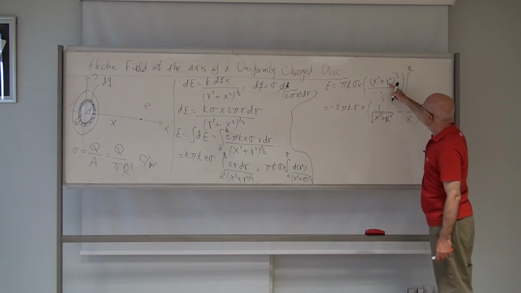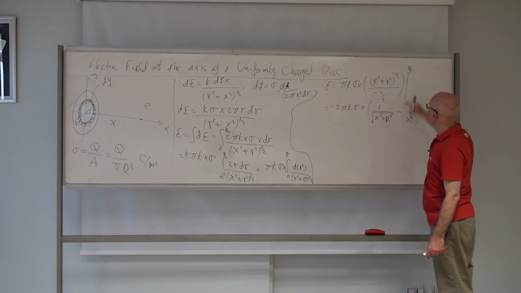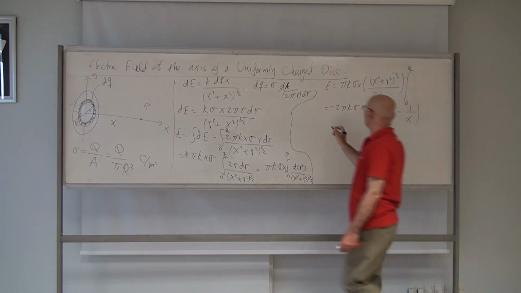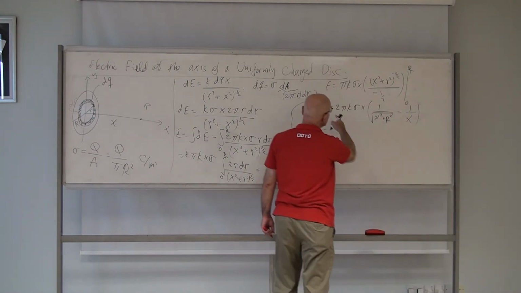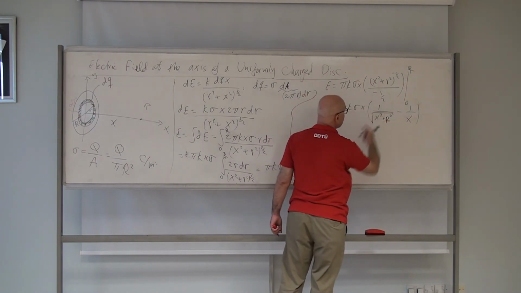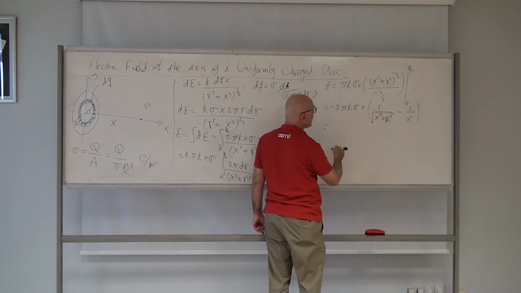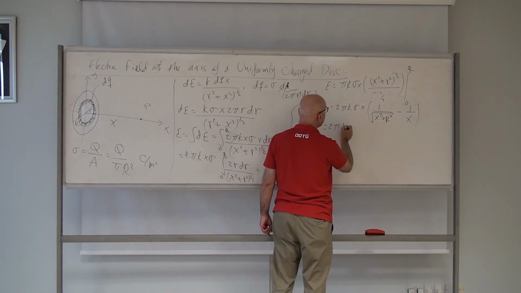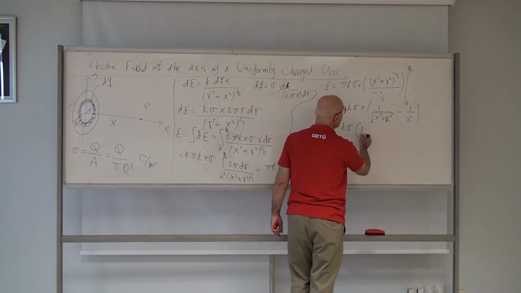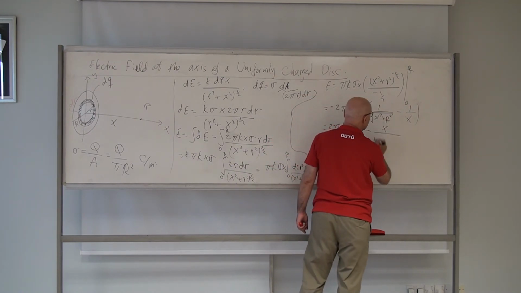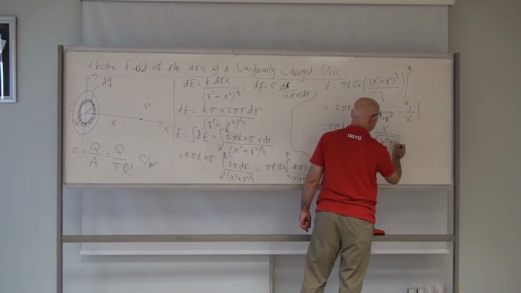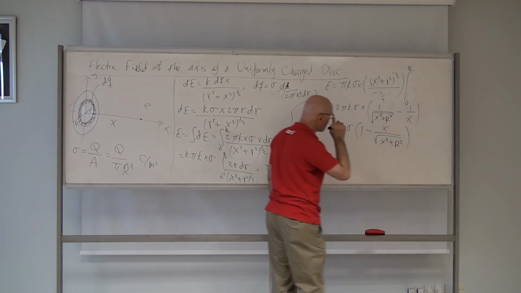Is that correct? So this is 0, and this is x squared to the power minus 1, so it's x to the power minus 1. Yes, exactly. And so this reduces to, if you take the x in and also the minus sign in, this will be 2 pi k sigma times 1 minus x over square root of x square plus r square.